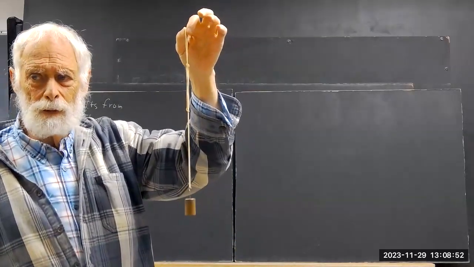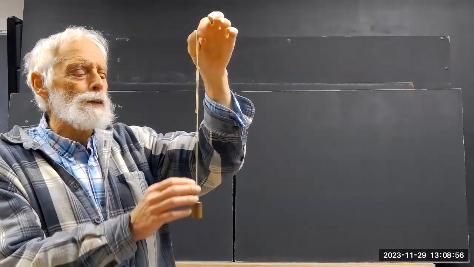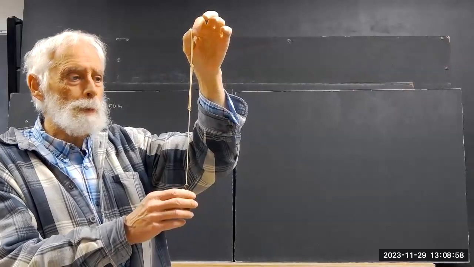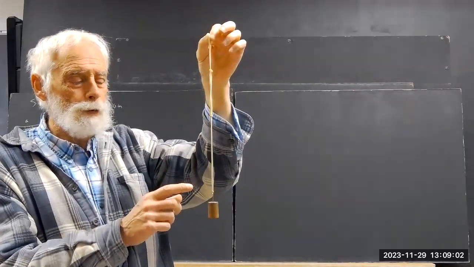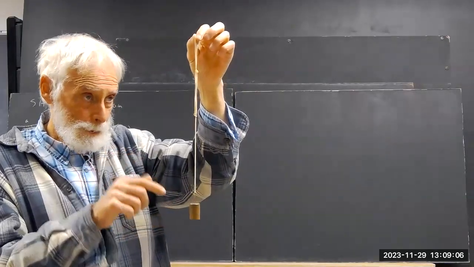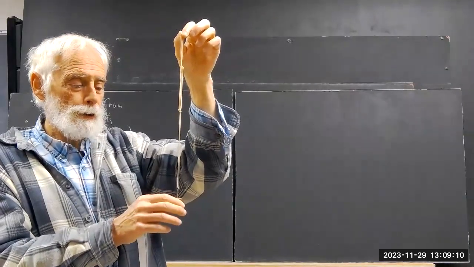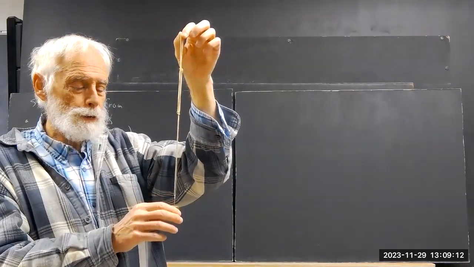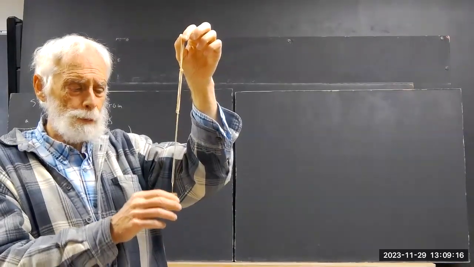And to a fairly good approximation, the force that the rubber band exerts is proportional to how much it's stretched. Right now, the force of the rubber band is equal and opposite to the weight of the hanging mass. So I pull it down that much further, it should be exerting about twice the force there as it was.